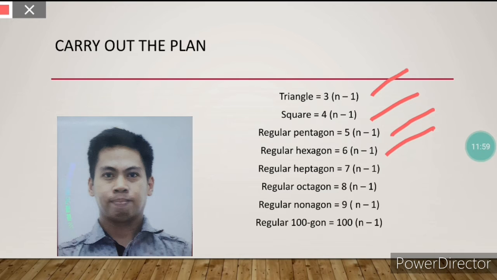For a regular heptagon, 7n minus 1. For a regular octagon, 8n minus 1. For a regular nonagon, 9n minus 1. If the polygon is a regular 100-sided polygon, the formula is 100n minus 1.